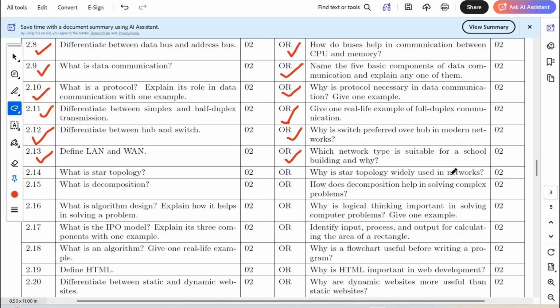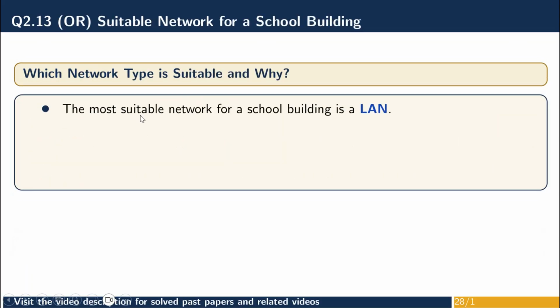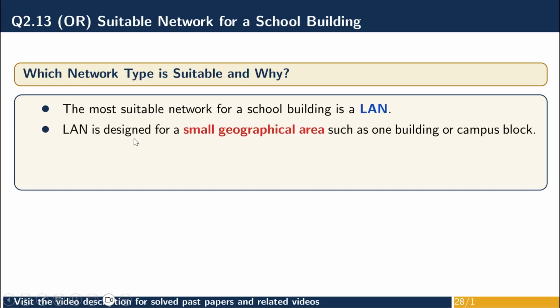Or part is, which network type is suitable for a school building and why? The most suitable network for a school building is a LAN.